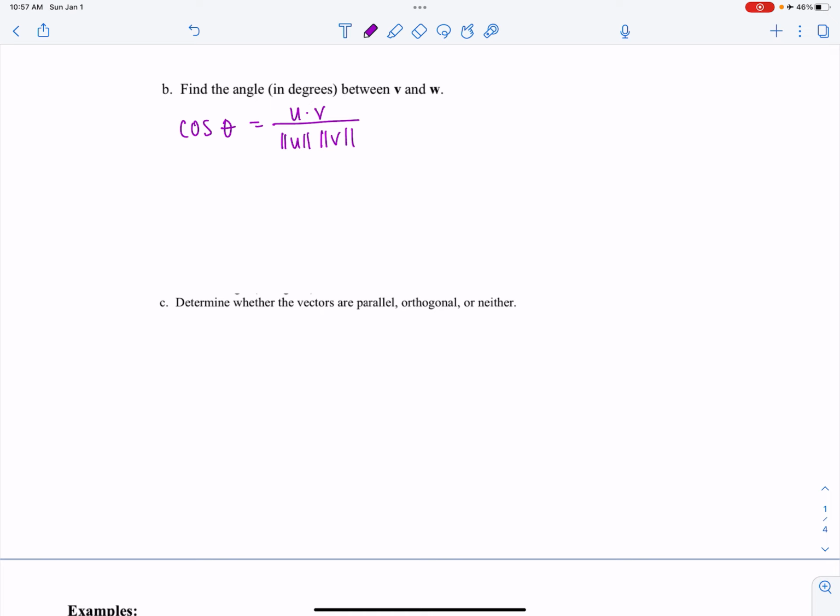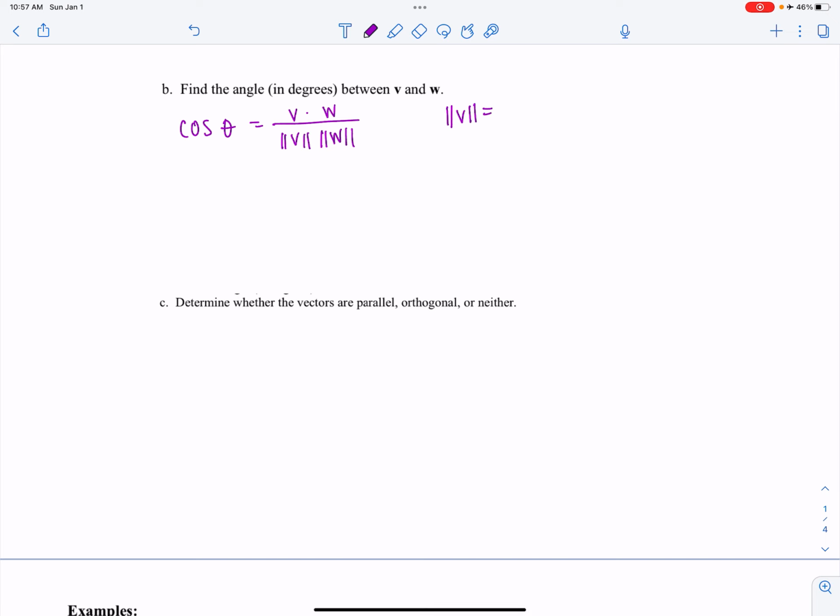First of all, let's find our magnitude. Actually, let's change our u's and v's to match our formula real quick. v and w are what we're working with, just so that way you don't get confused. So let's find the magnitude of v.